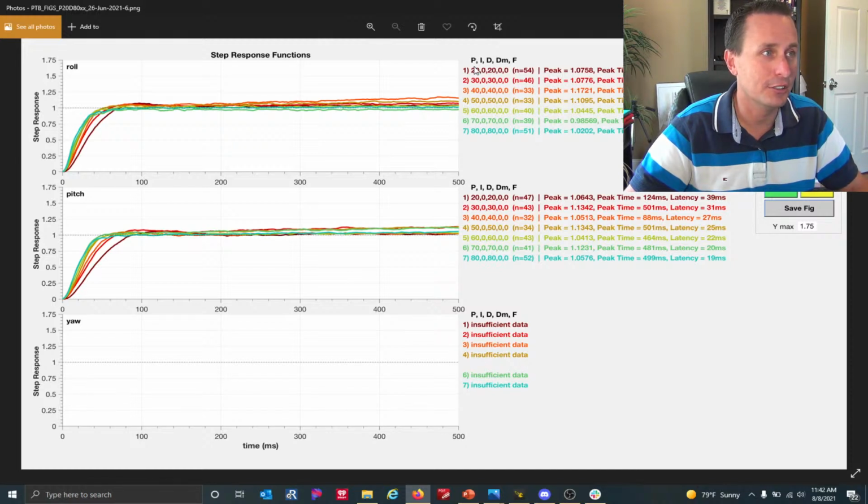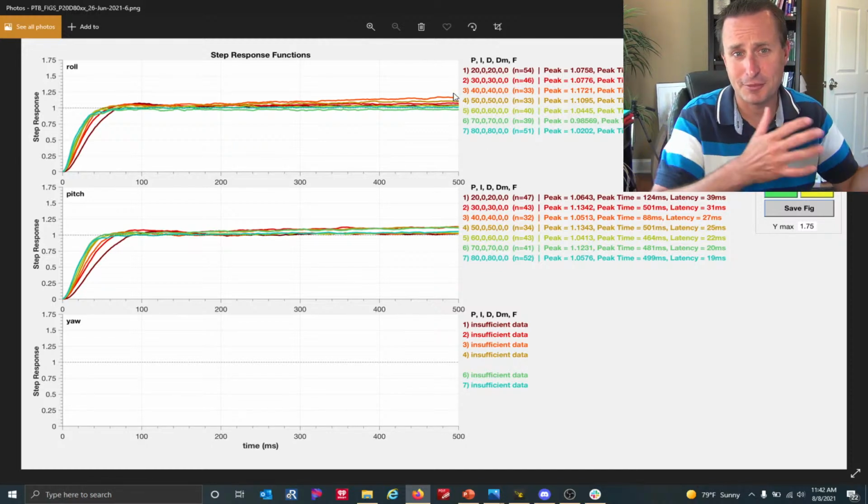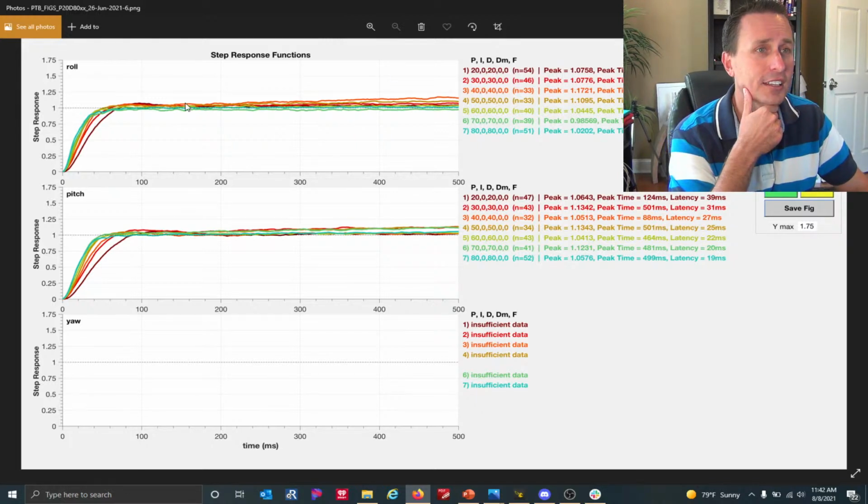So this was just looking specifically at P and D gain because that's how it is in Betaflight 4.2 at least right now. And moving up, 20 20 was the critically damped, and moved them up, kept this ratio, so then it'd be 30 30, 30 40, 40 50, 50 60, 60. And you can see that step response stays the same. It's not like this starts to do big overshoots or gets dampened.